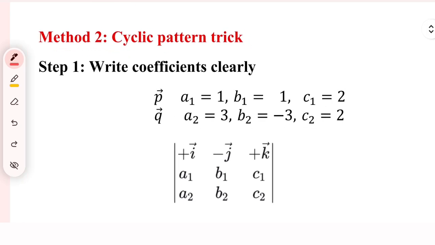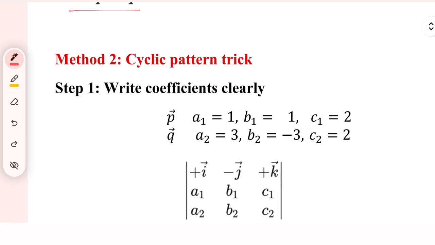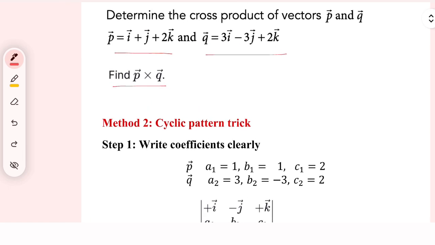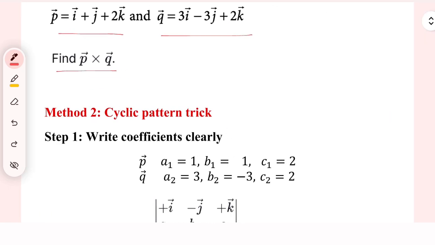So step one, as we always do, is we will write the coefficients clearly. Based on the given vectors, we will write the coefficients, for example, of vector P. So the coefficient of I is 1, that's A1.